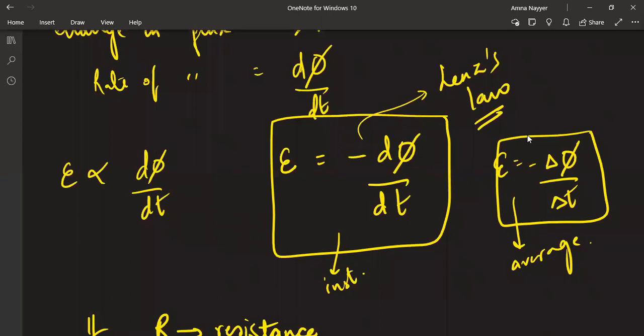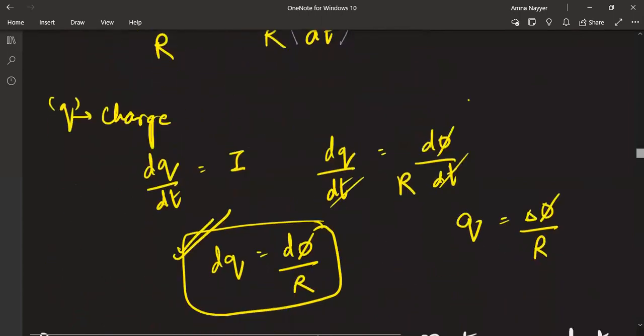It says that the direction of induced current is such that it will oppose the cause that produces it. So what is the cause of EMF? This was change in magnetic flux. So the current will oppose the change in magnetic flux. If somewhere magnetic flux is increasing, the induced current will set its direction in such a manner to decrease the flux. That is what is meant by Lenz's law.